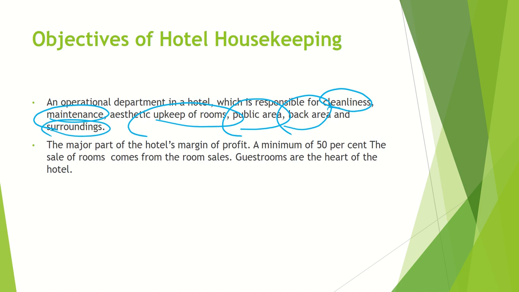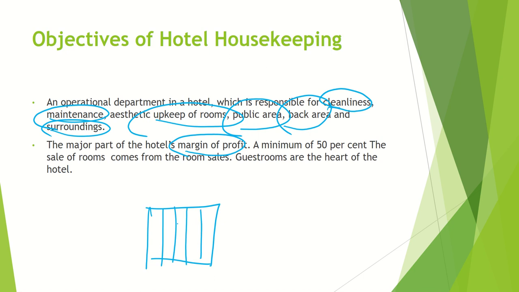And also, in order to maintain the income or margin of profit of the hotel, since the hotel provides what kind of product? Remember that? What kind of product does a hotel offer?